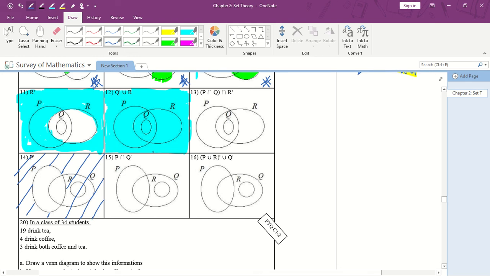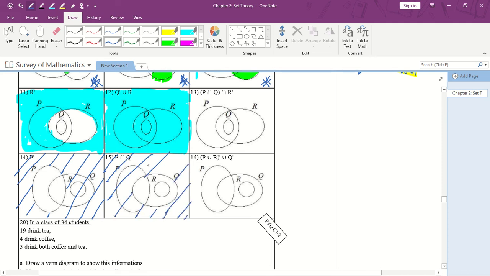Okay. And the next question here says P intersect Q prime. So remember, Q prime means the region outside of Q. So Q is this region.